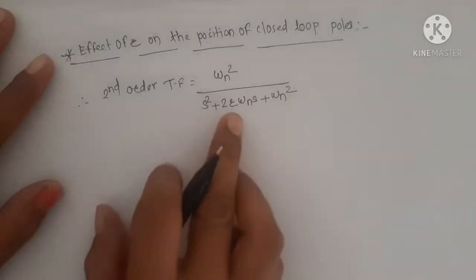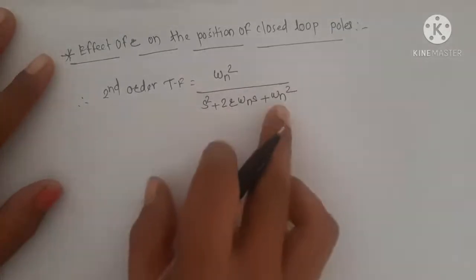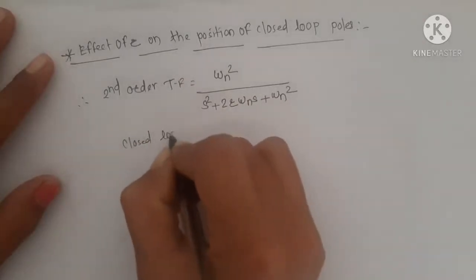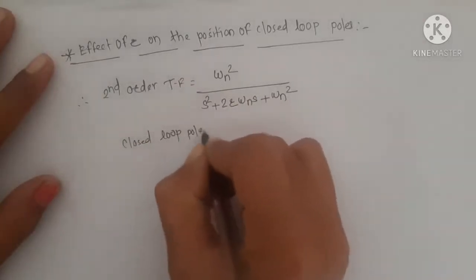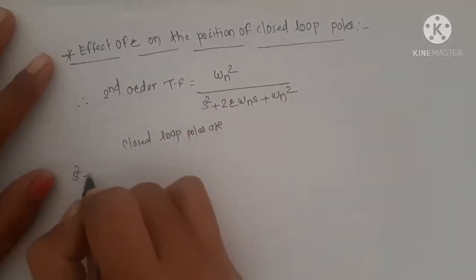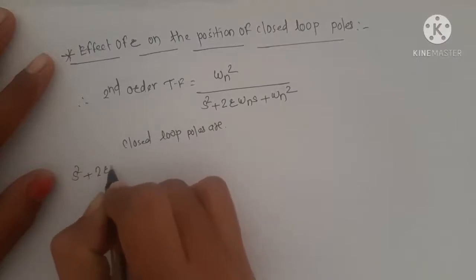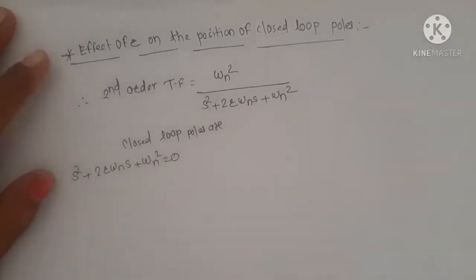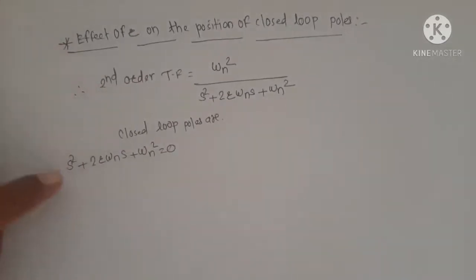To obtain the closed loop poles, we have to equate this denominator to 0, because we have seen the definition of pole. So s square plus 2 eta omega n s plus omega n square equal to 0. This is a quadratic equation. We have to obtain the factors, and then only we will get the values of the poles, that is S1 and S2.